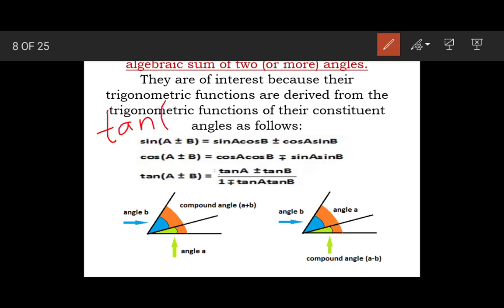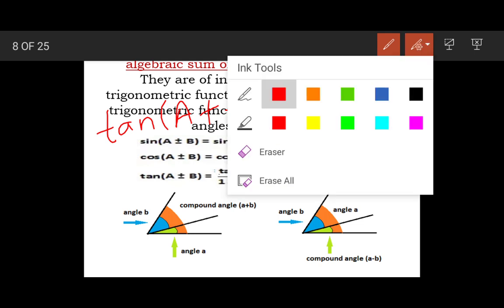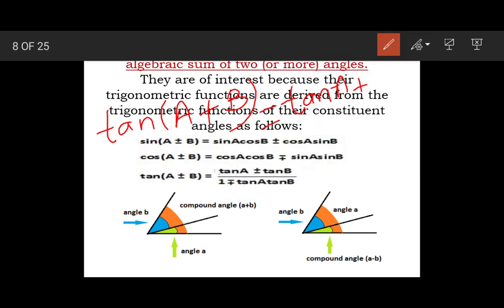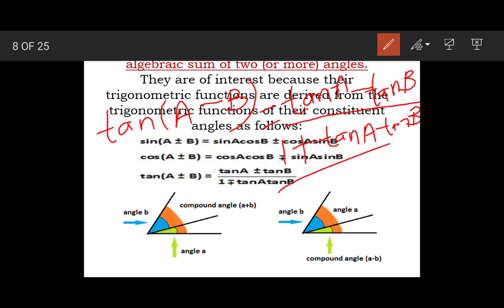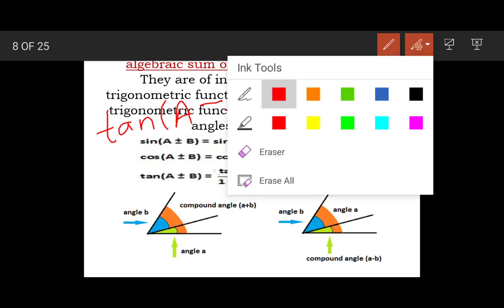Tan A plus B will be tan A plus tan B upon 1 minus, opposite of the numerator sign, so 1 minus tan A into tan B. And if it is tan A minus B, then the formula will be tan A minus tan B upon 1 plus tan A into tan B. So these are the formulas for compound angles.